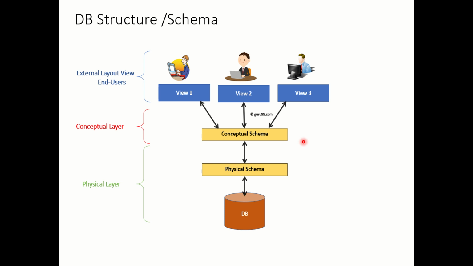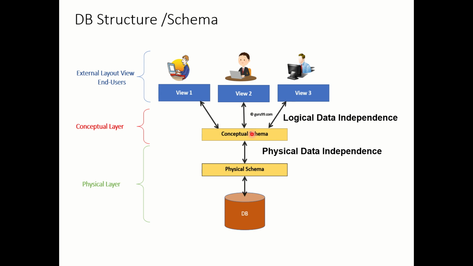Okay, so why do we require this structure is the first question which comes to our mind. We require this particular structure basically because we need to have data independence. That means that if we make any changes at one particular layer, that should not be reflected back to the next layers. If you look at this whole structure, it follows the concept of abstraction, where you see the presentation layer.